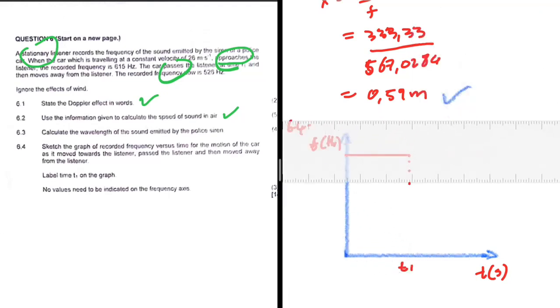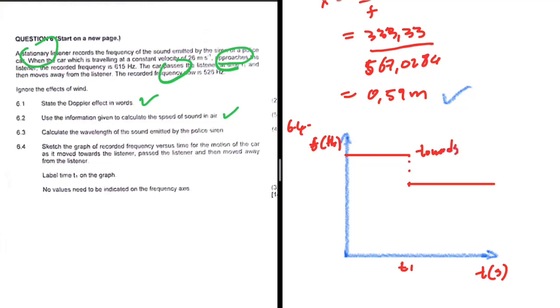The frequency is going to decrease. Sketch the graph as it moves towards. Okay, it doesn't say we must indicate which one is towards. But here, this is towards. This is away. And then somewhere in the middle here, we have the emitted. There we go.